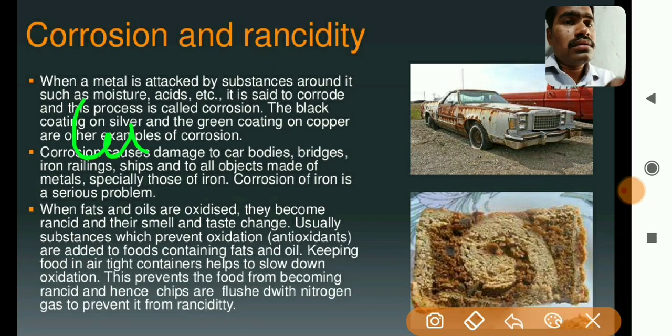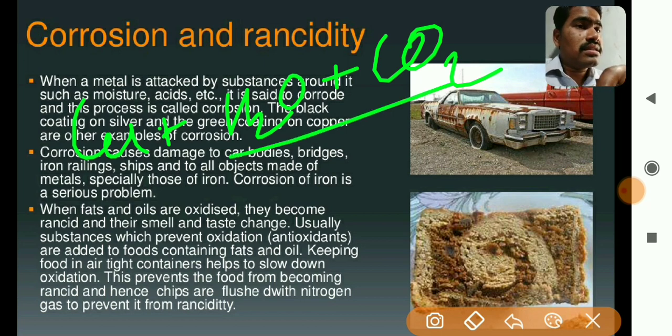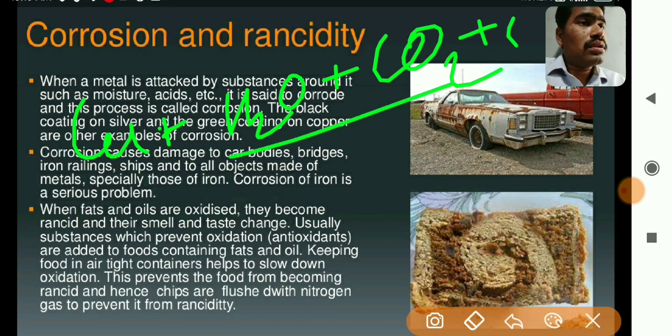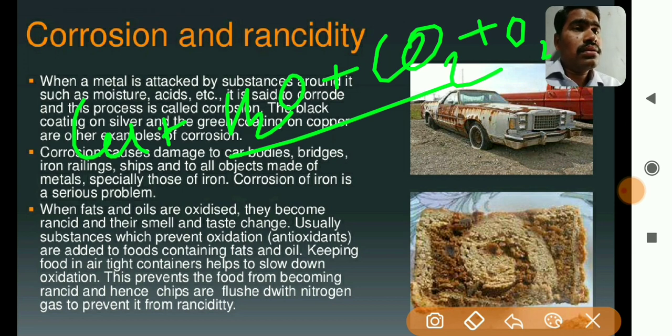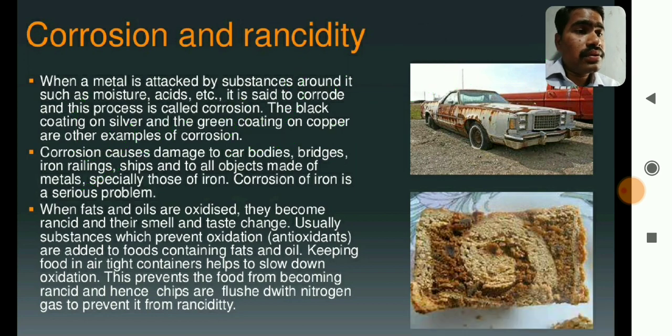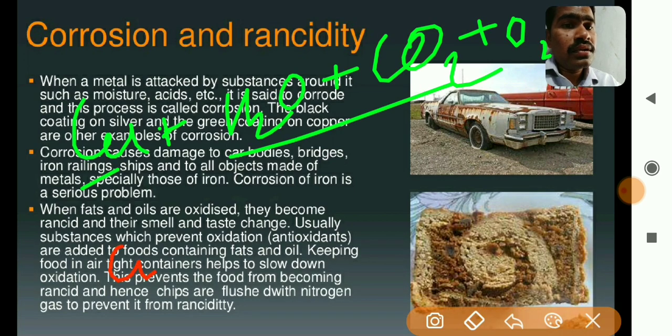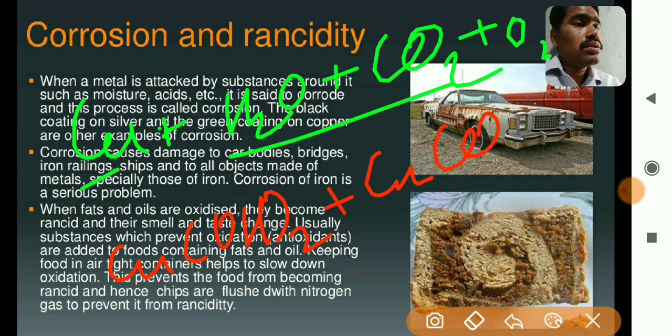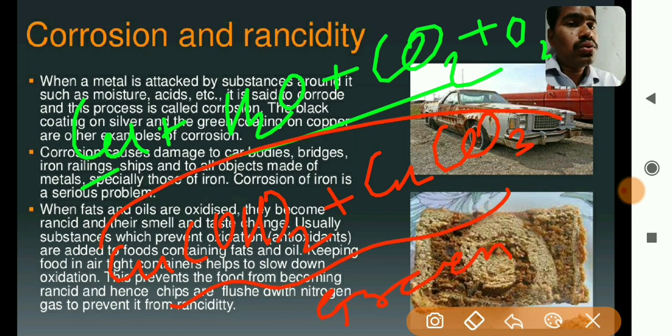Cu plus H2O plus CO2, and oxygen also here. These factors are necessary. When copper is exposed to these three factors, the substance formed is Cu(OH)2 plus CuCO3, and the mixture of these two is green.